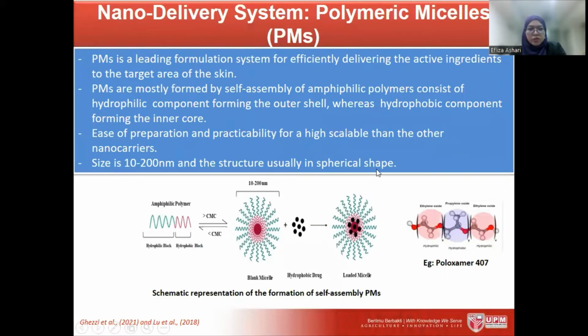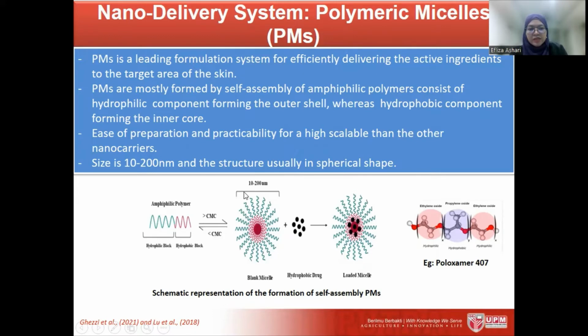So in this research work, we use polymeric micelles in the formulation because it is a leading formulation system for efficiently delivering the active ingredients to the target area of the skin. PMs are mostly formed by self-assembly of amphiphilic polymers, which consist of a hydrophilic region and a hydrophobic component. The hydrophilic part is in the outer shell, whereas the hydrophobic part is in the inner core.